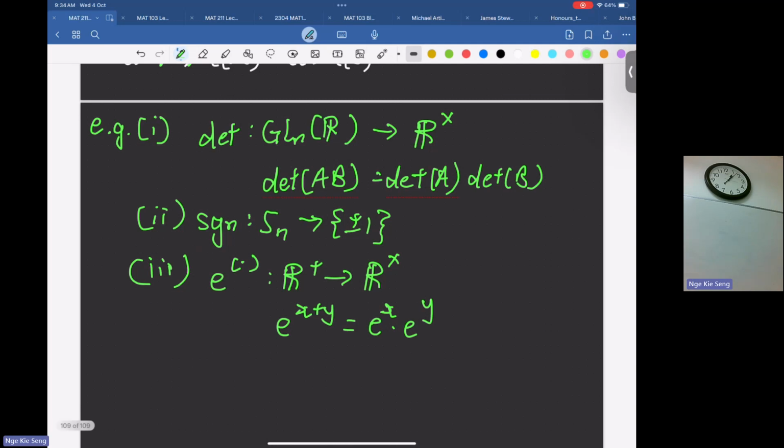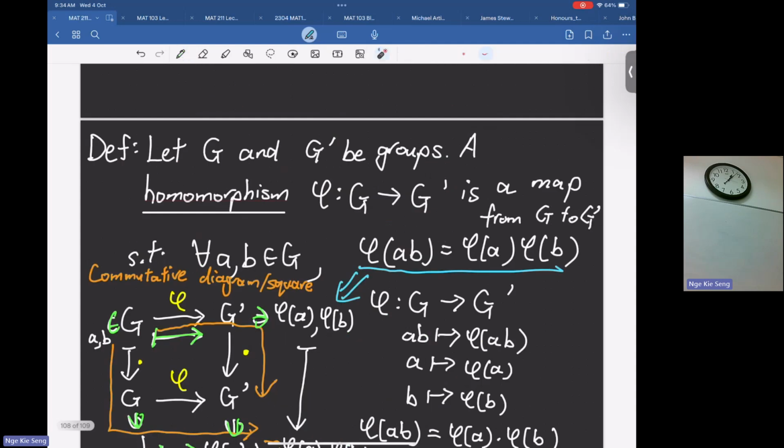You can see here I didn't put any notation. So I assume the elements should follow the law of composition inside their group.